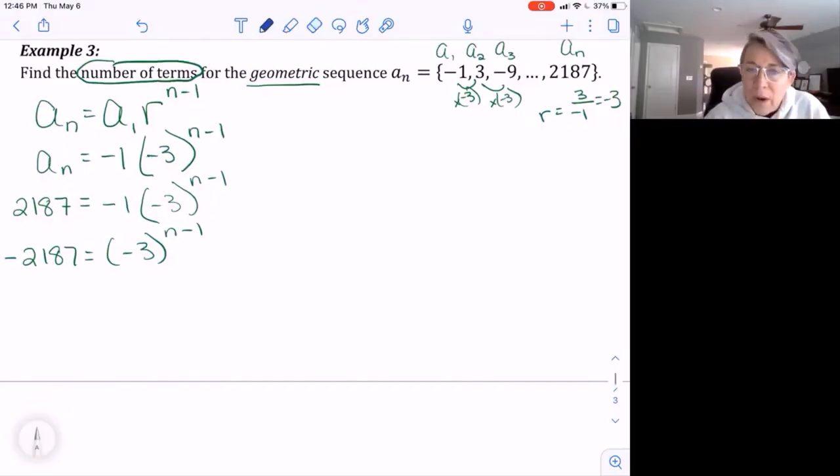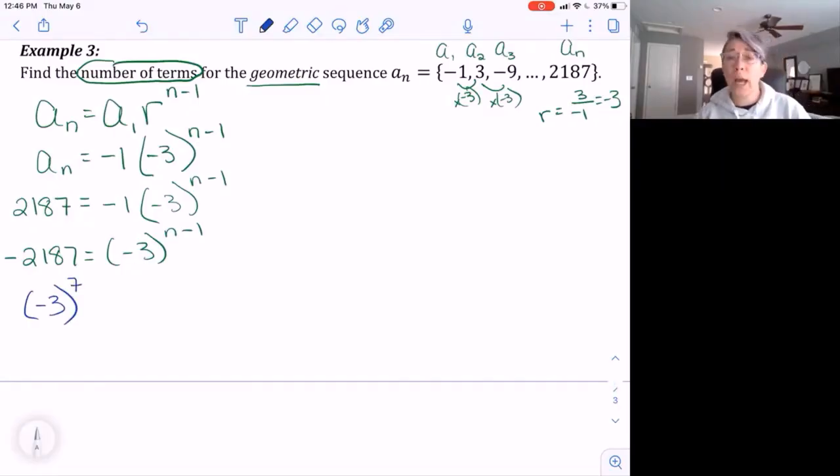Otherwise, we're going to have to play around with the signs a little bit to deal with the fact that we have negatives and then work with a logarithm. So we can write 2187 as -3 to the 7th.